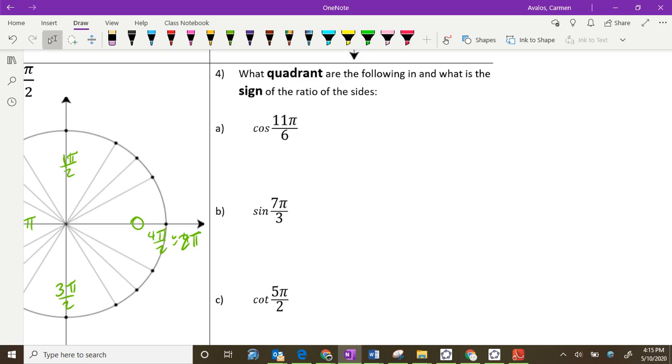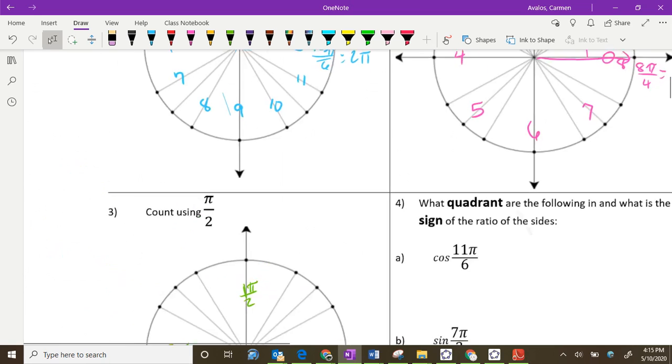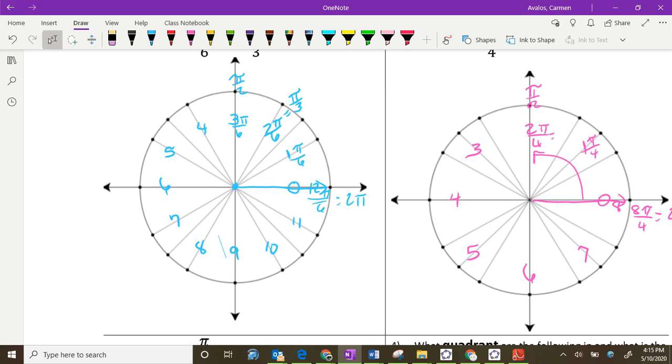So what quadrant are the following in, and what is the sign? Remember, we do All Students Take CAT. So again, in quadrant 1, all trig functions are positive. Students represents S for sine and cosecant. Those are the only two that are positive; everything else is negative.